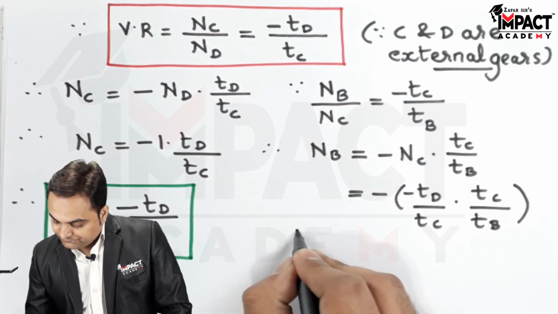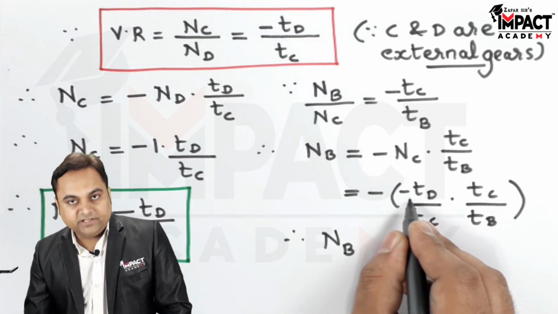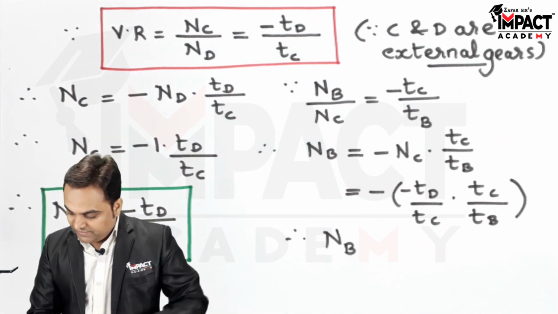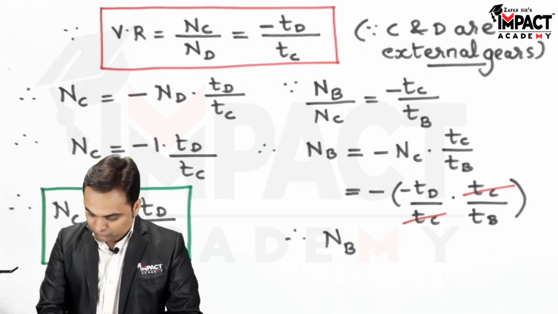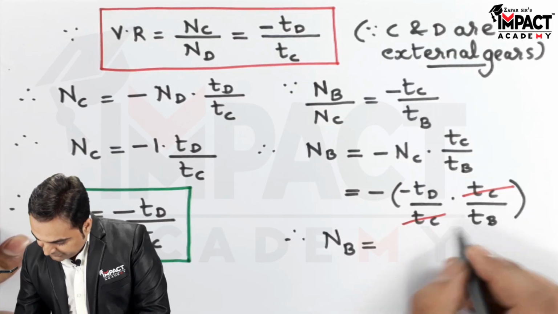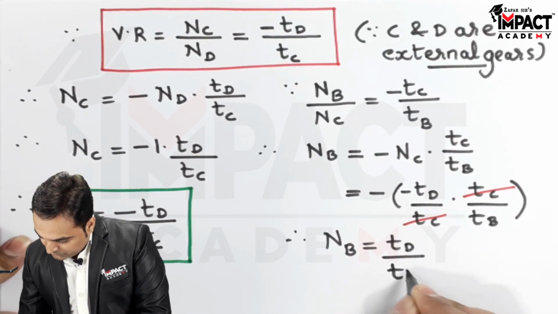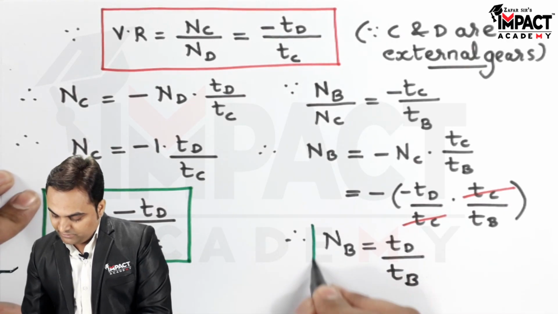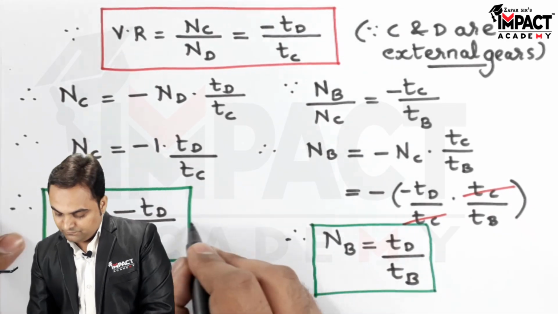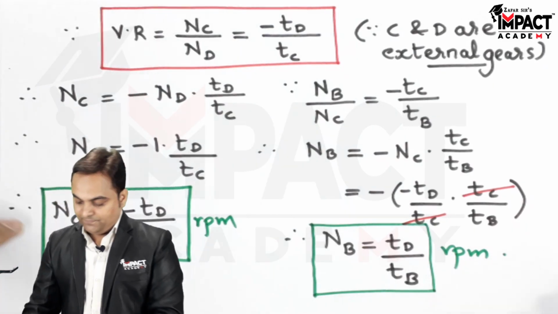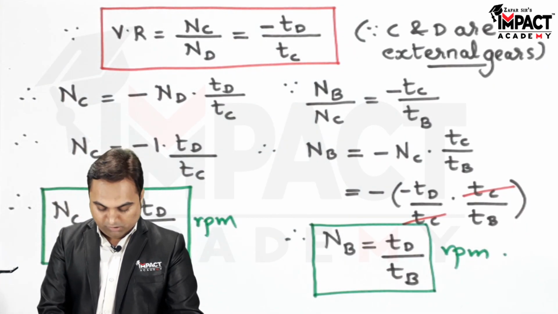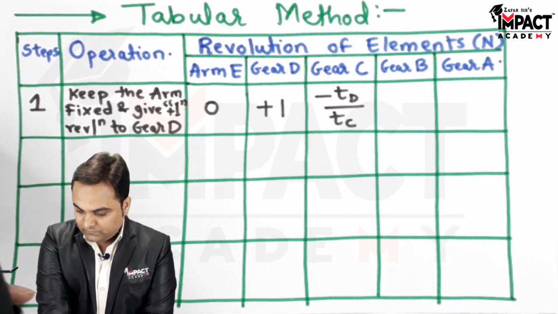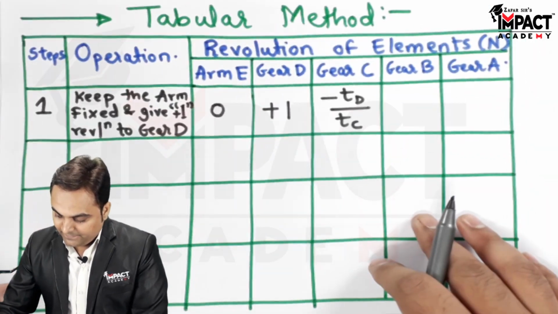Negative and negative becomes positive, and TC and TC would be cancelled, so we are left with TD by TB. So that is the speed for gear B in terms of RPM. Into the table, for B, it is TD by TB.